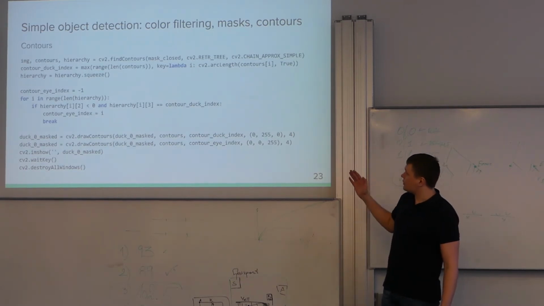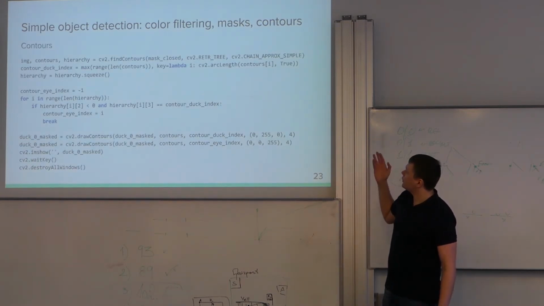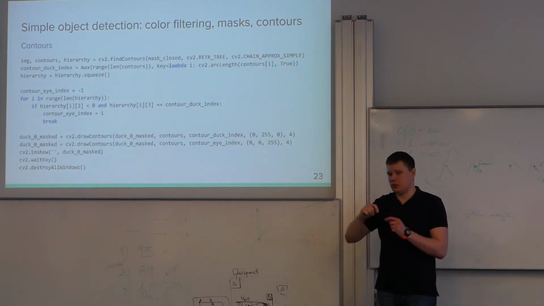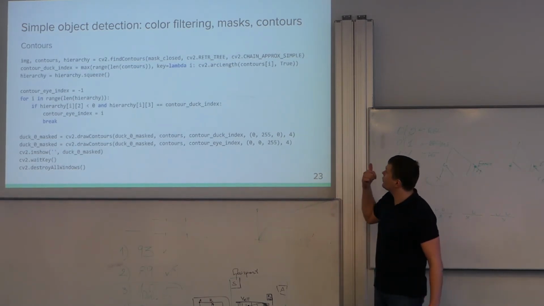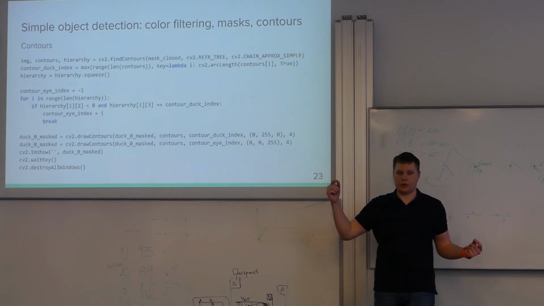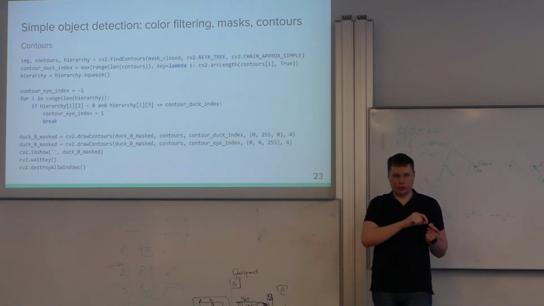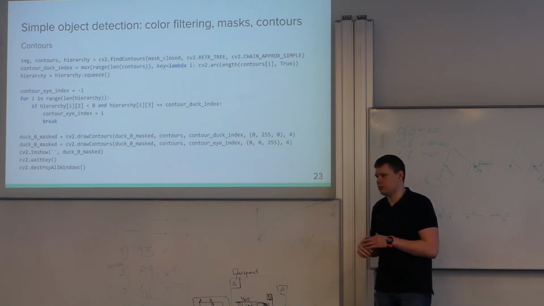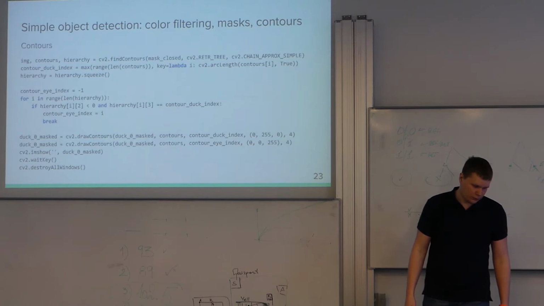Second is the mode for finding contours, and the last parameter is how to merge points of the contour. For example, CHAIN_APPROX_SIMPLE allows you to merge points on lines into just start and end points, not to have all the points in the middle, just for optimization purposes.